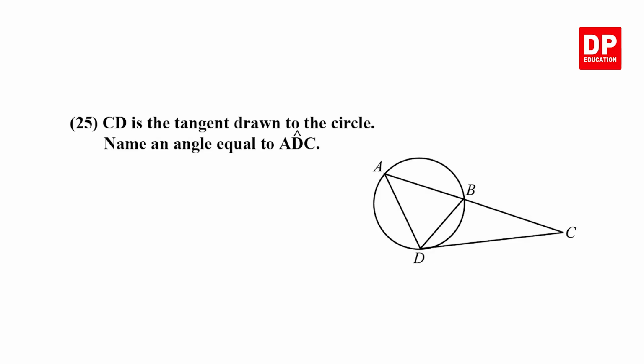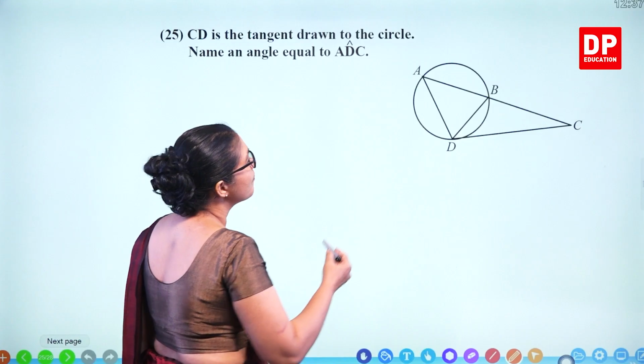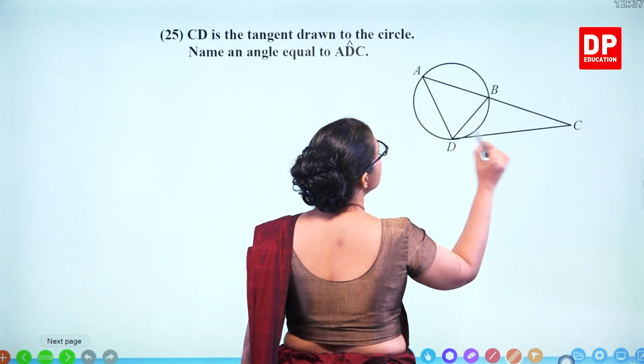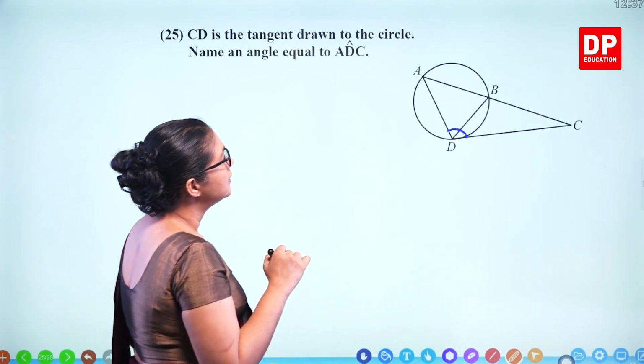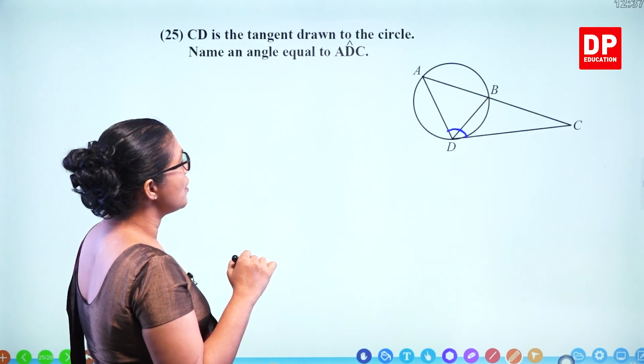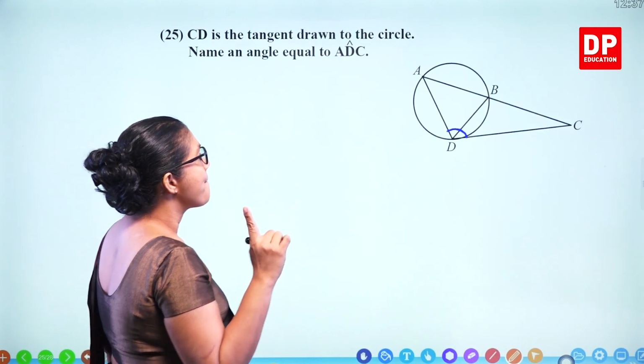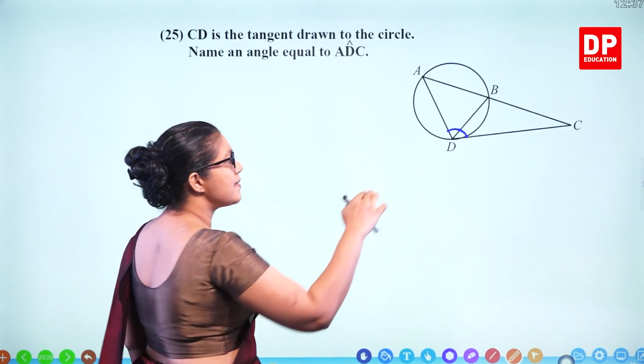Twenty-fifth one. CD is the tangent drawn to the circle. Name an angle equal to ADC. ADC, this angle. So what can you say about that angle? Now look at carefully. This is the tangent.